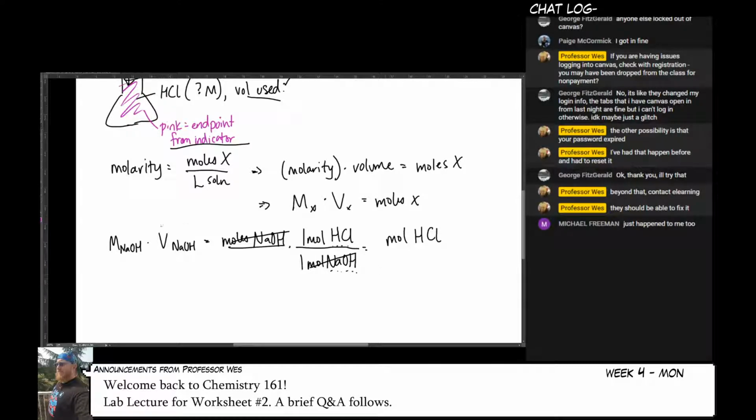And then finally, if we remember that molarity is just the moles of stuff divided by its volume, you could then divide by the volume of the HCl that you put into the container to get the molarity of HCl.